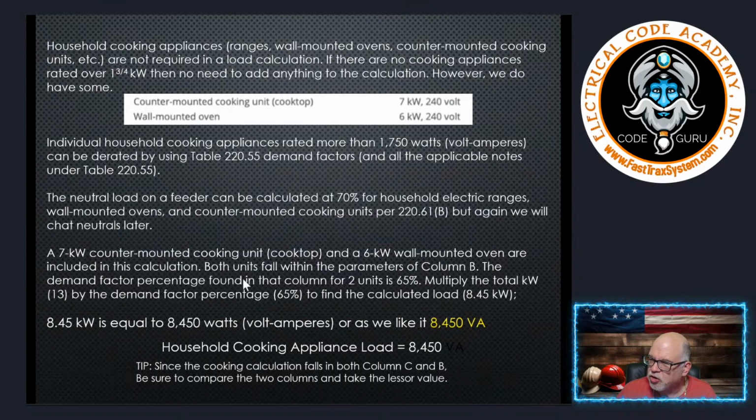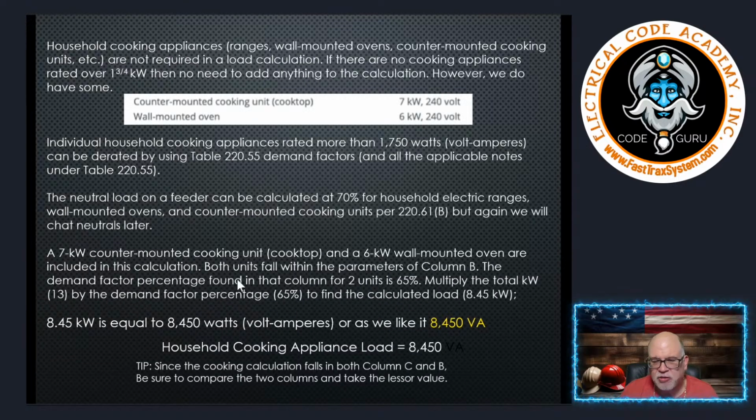You'll notice something interesting here when it comes to the cooking appliances. Both of these fall under column B of 220.55. It falls between 3.5 and not more than 8¾. Both of these fall right in column B.